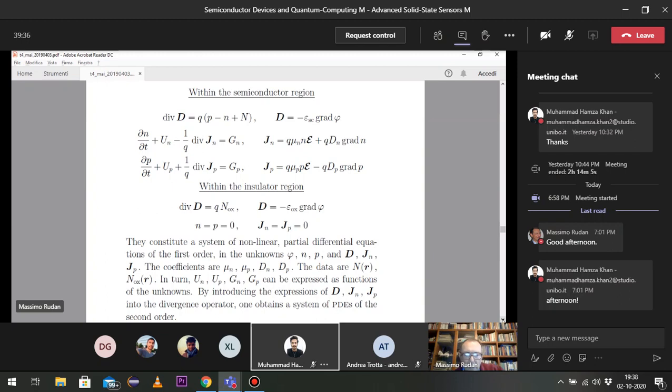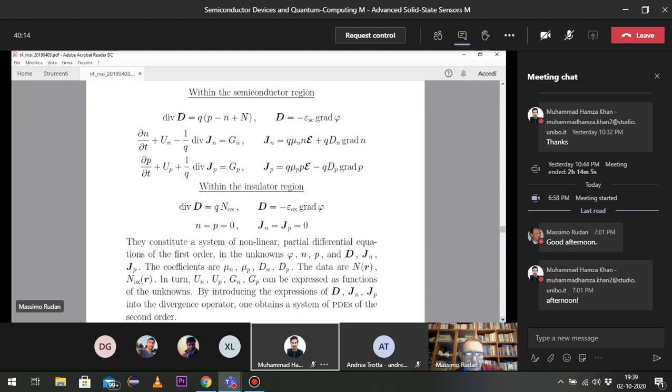And then we have the net thermal recombination rates, UN, UP, and the non-thermal generation rates, GN, GP, okay? These quantities are not constants. They depend on the unknowns. So they depend on n, p, phi, and possibly Jn and Jp, okay?